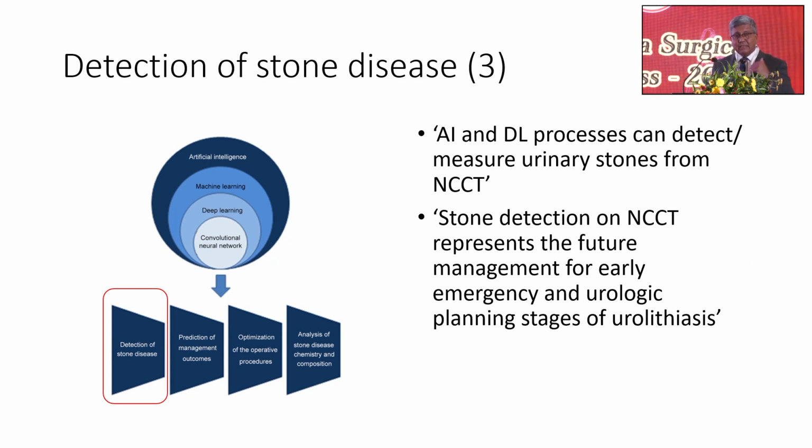Somebody comes in with ureteric colic, has a CT, and then the machine has analyzed everything for you. And when you get to see the patient, you've got an AI-generated report saying there's a 5 millimeter stone in the lower ureter. And then it might even tell you what type of stone it might be, but we'll come to that. So it's working with the clinician to make things quicker, faster, and hopefully safer.